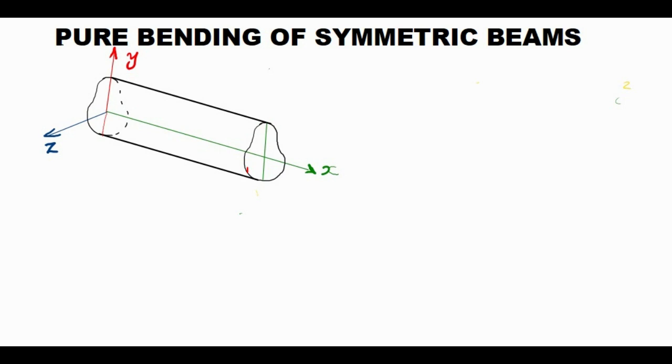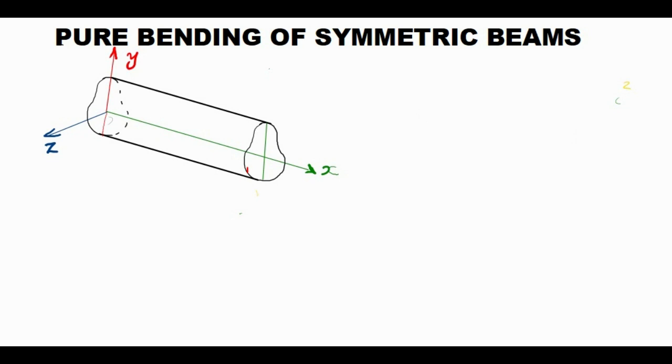Prismatic members means the cross section is the same throughout the length, and in the case of beams, the loads will be perpendicular to the beam. So if you have a beam like this, as shown here, it is the longitudinal axis. The loading will be perpendicular to the longitudinal axis.